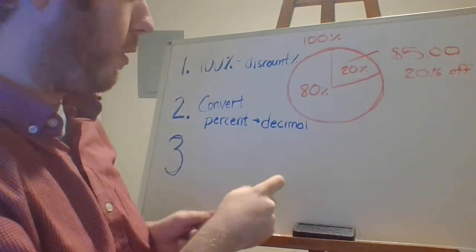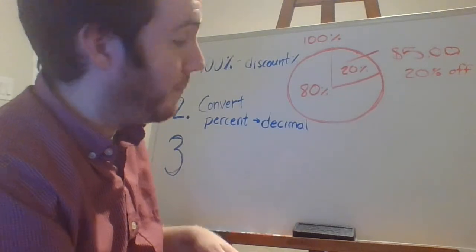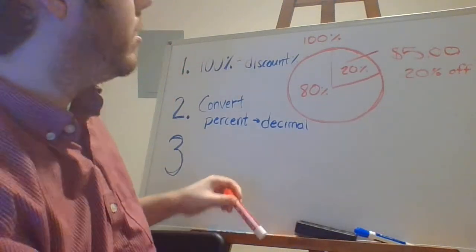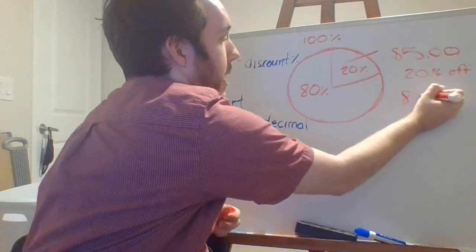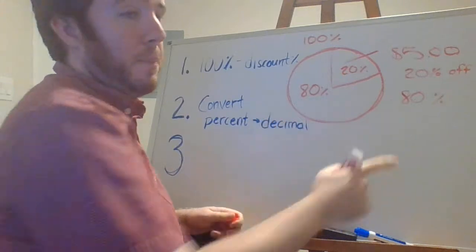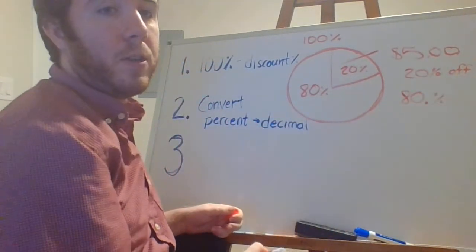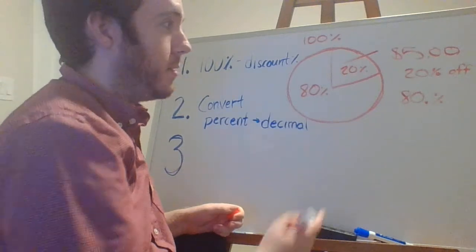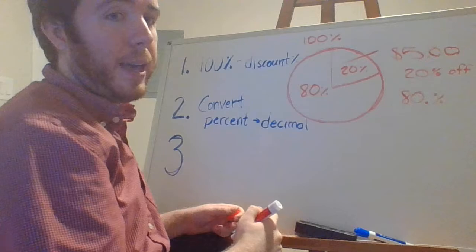And this is not a difficult process. Okay, you've done it before, I'm sure. You might have forgotten, but you've certainly done it. So let's say, for example, a percentage like 80%. We don't always write it, but there is effectively a little decimal right there. There's always a decimal after the ones place. In this case, we have a 0 in the ones place, so the decimal right there.